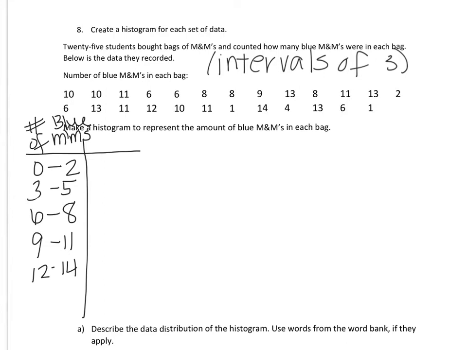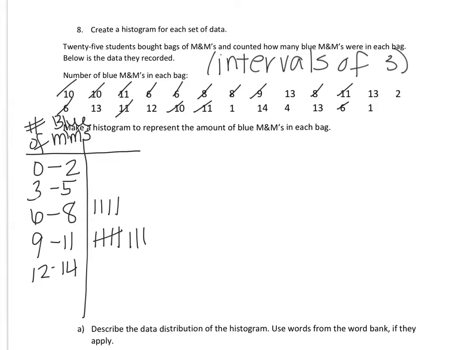So let's start with 1, 2, 3, 4, 5, 6, 7. So there's 1, 2, 3, 4, 5, 6, 7, 10s and 11s. I can also include my 9s in there, so that's 8 total. 6 through 8s, 1, 2, 3, 4, 5, 6, 7.